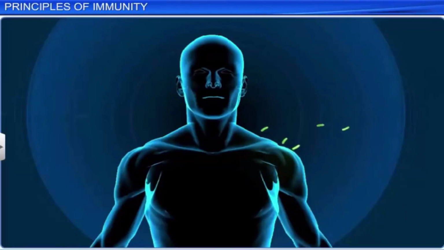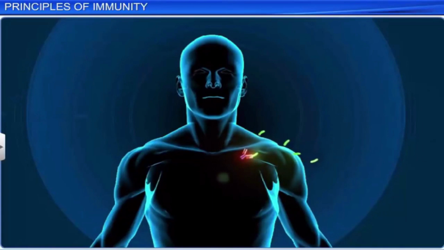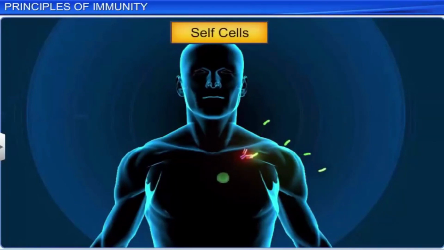In higher vertebrates, like human beings, memory-based acquired immunity is so evolved that they can differentiate foreign organisms such as pathogens from self cells. Most experimental immunology is based on this aspect.